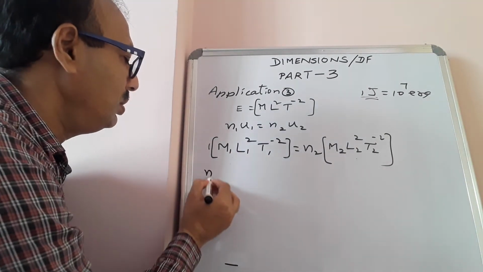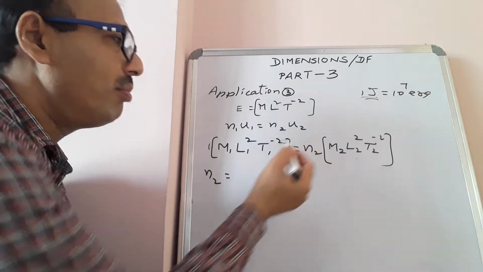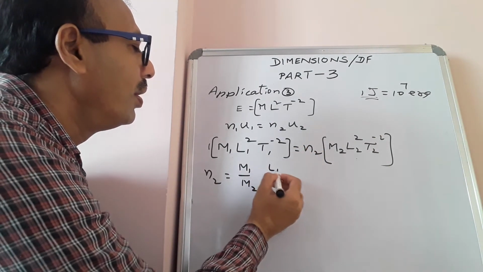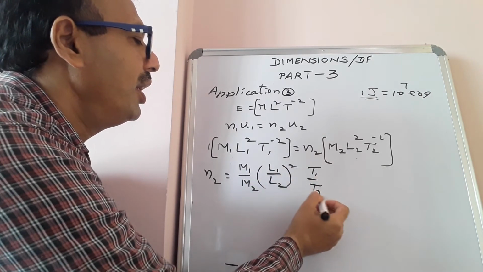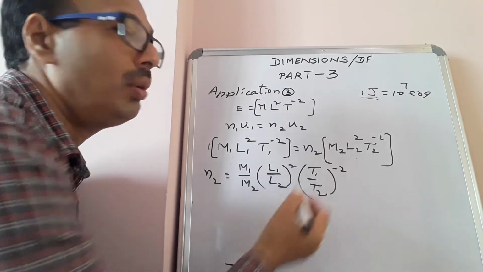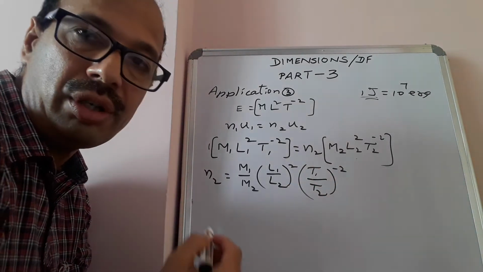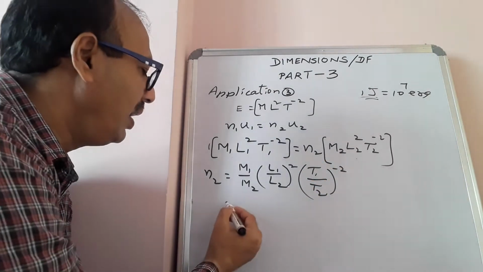Now n2 is equal to m1 by m2, l1 by l2 whole square, t1 by t2 whole power minus 2. Either in SI or in CGS the units of time will be same, so these two get cancelled.